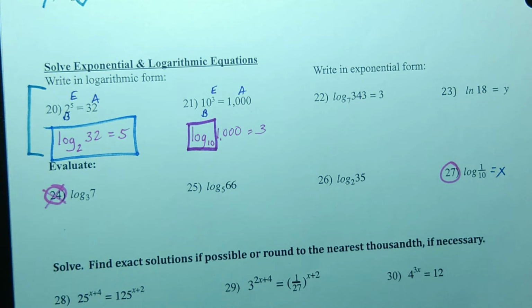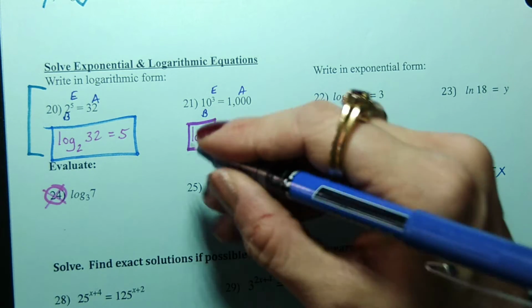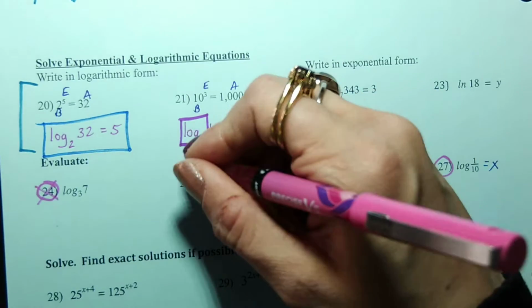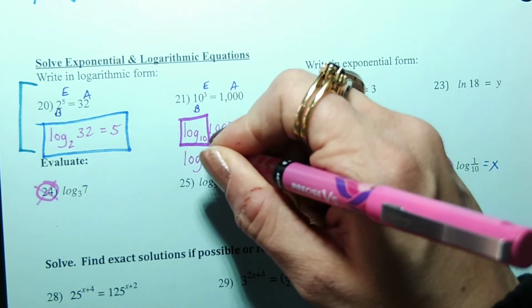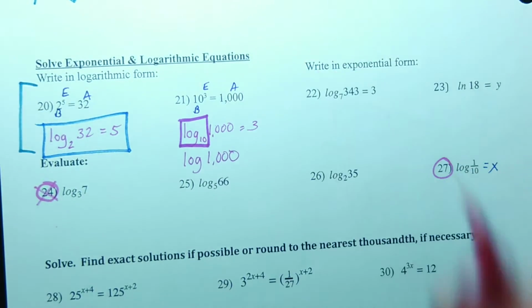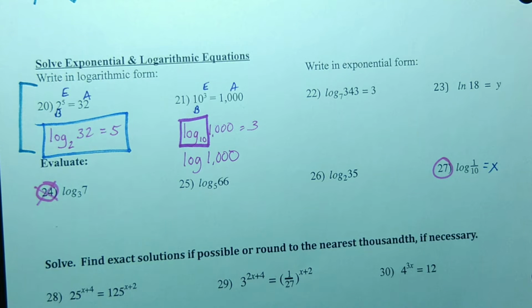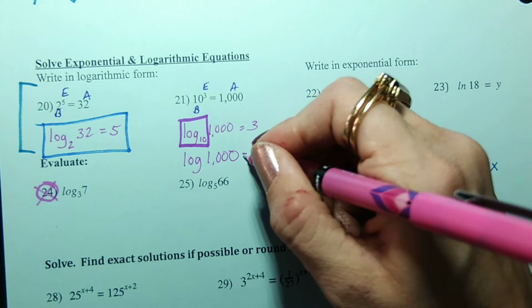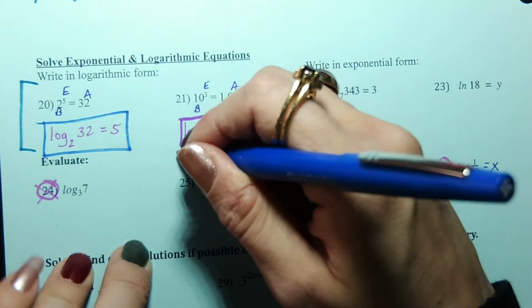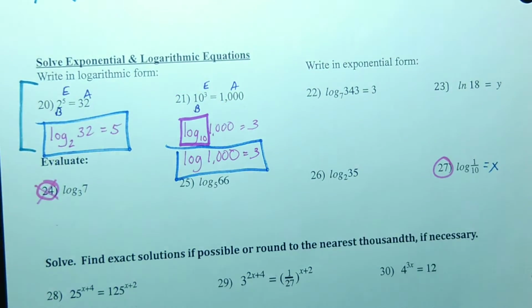So since this is log base 10, we can replace that with just the common log notation of just log. The 10 is implied. And then equals 3. So that would be our best way of writing that expression.